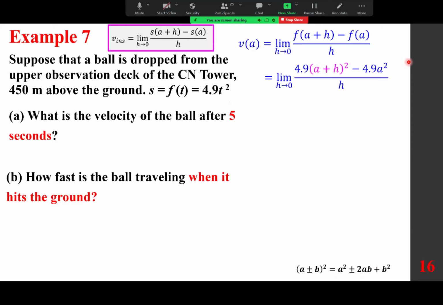And because everything has 4.9, we're going to take 4.9 out. 4.9 times this part is a squared plus 2ah plus h squared. This one, if I take the 4.9, is minus a squared. Now, clearly, a squared and minus a squared cancel each other.